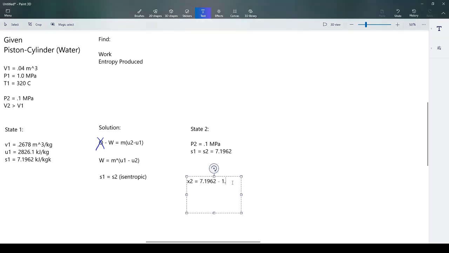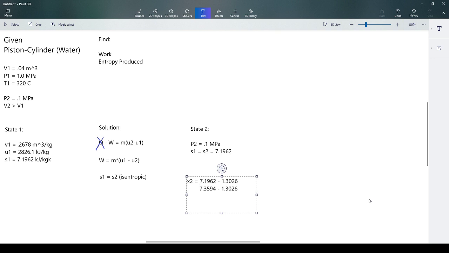Let's go back over here, 1.3026. And then we divide by SG minus SF, which is 7.3594 minus that same value, 1.3026. So this right here is our number.